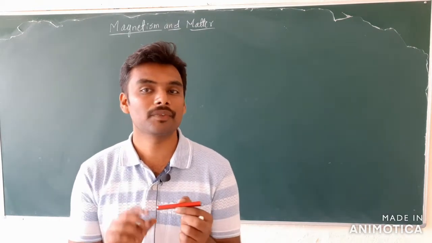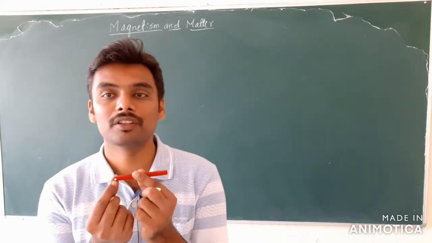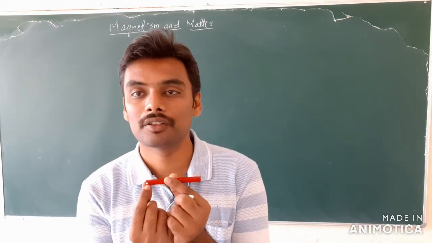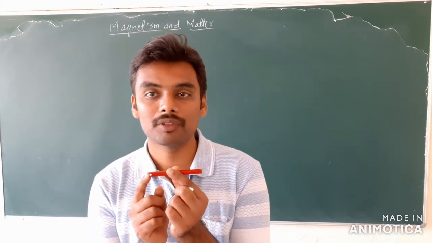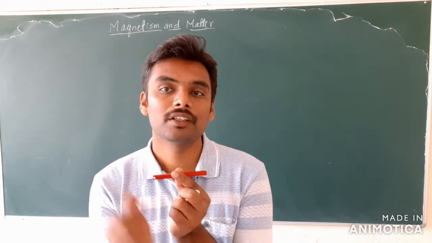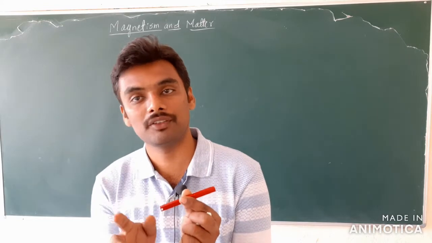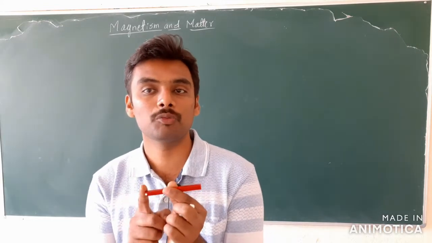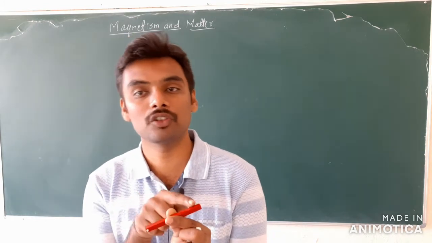Okay, so before we move any further, say the one with the white dot is the north pole of the magnet, and this is the south pole of the magnet. A magnet always has two poles, north pole and south pole. How do we decide them as north pole and south pole?